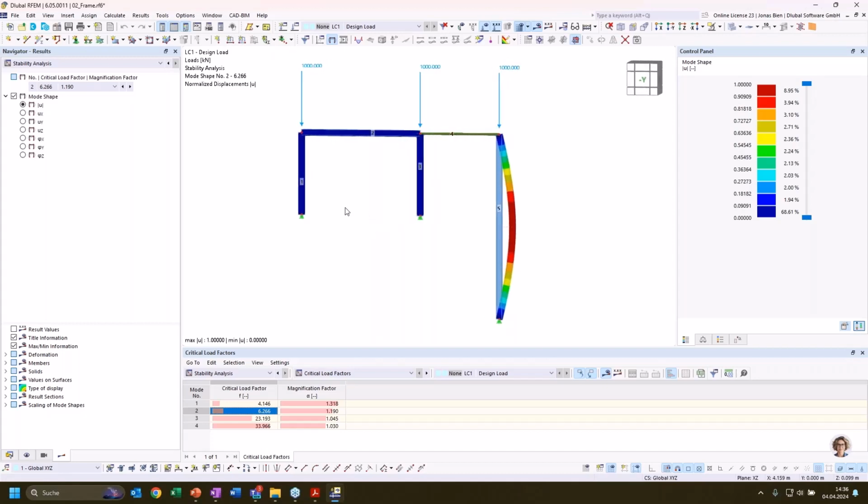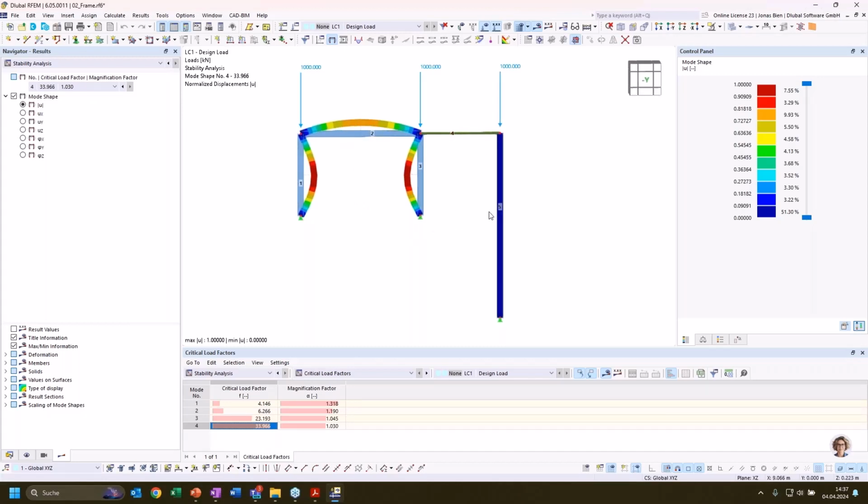The rest of the structure does not seem to have any deformation. The third would also be a higher mode of this pinned member number 5. And mode shape number 4 would resemble a symmetric buckling mode of the two-hinged frame without any participation of the simply supported column here at the side.